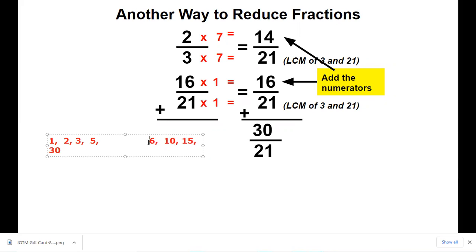I think that's it. 7, 8, 9, 10. We already have 10 there.